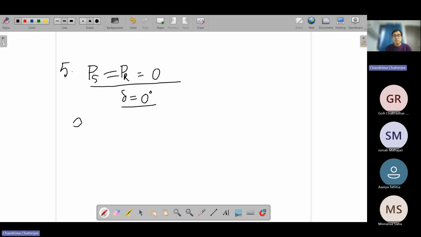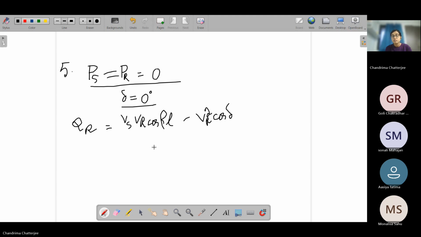Now, what will be the QR? The reactive power at the receiving end, that is VS VR cos beta L minus VR square cos delta, divided by ZC sin beta L. Okay, let me just verify whether I have written the correct expression.